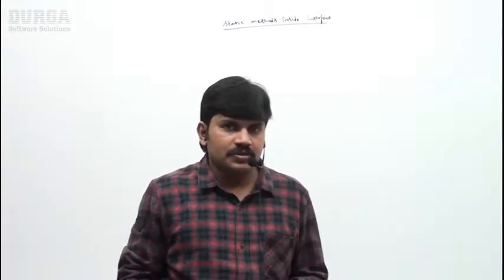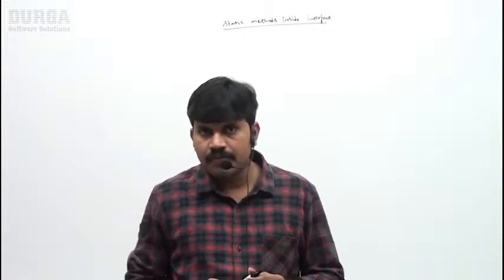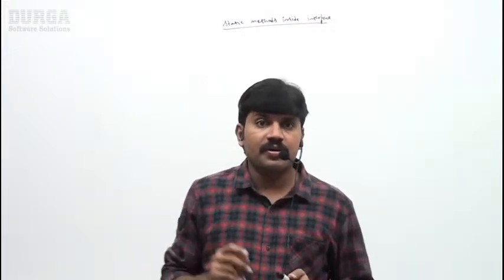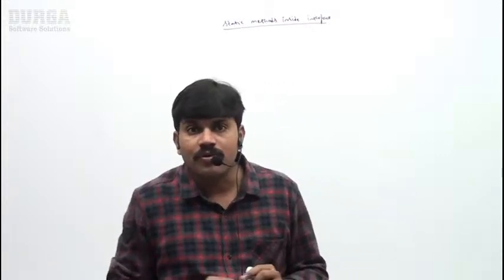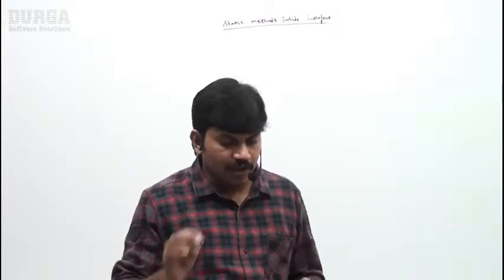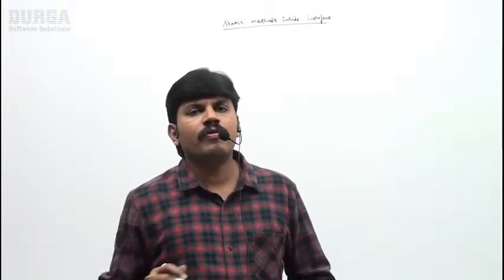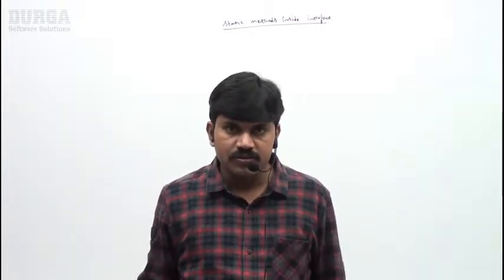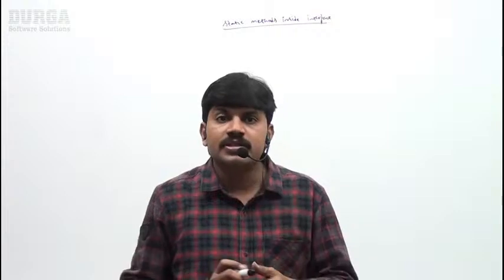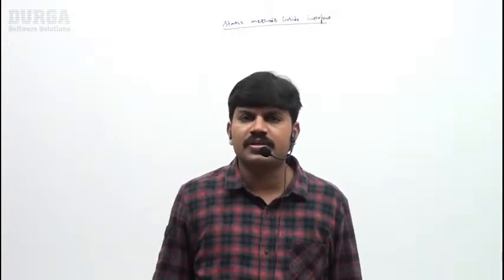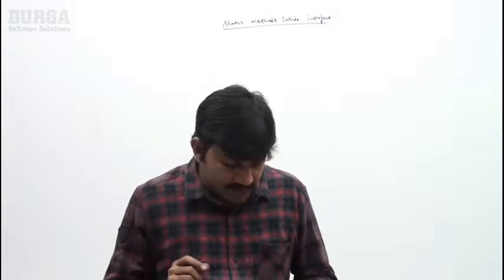Up to this point, we have completed what a lambda expression is, what a functional interface is, and what default methods inside an interface are. Next enhancement: do you know that from version 1.8 onwards, we can declare static methods also inside an interface? Happily we can declare a static method inside an interface.